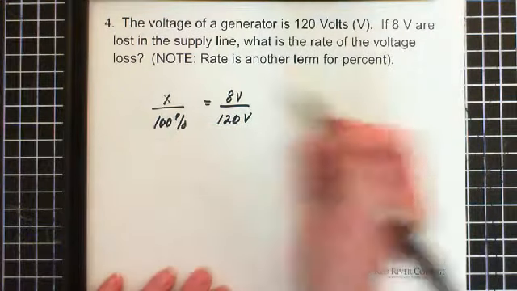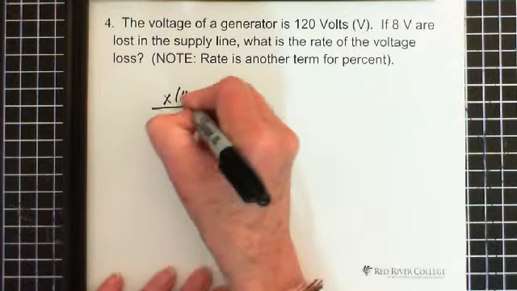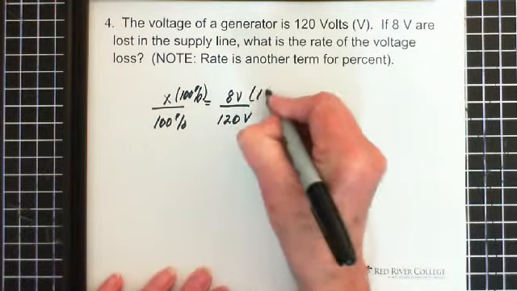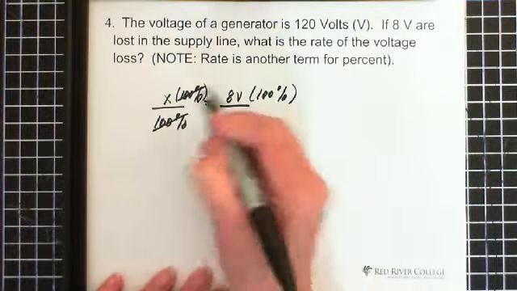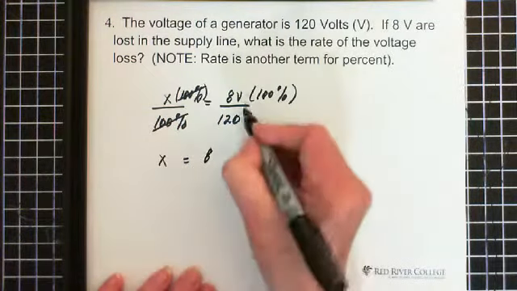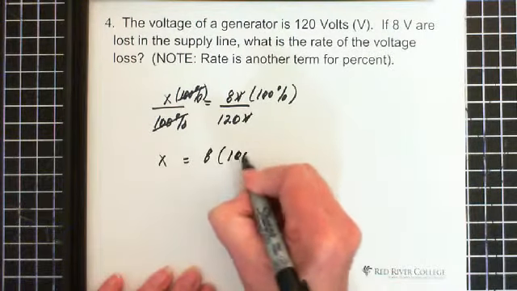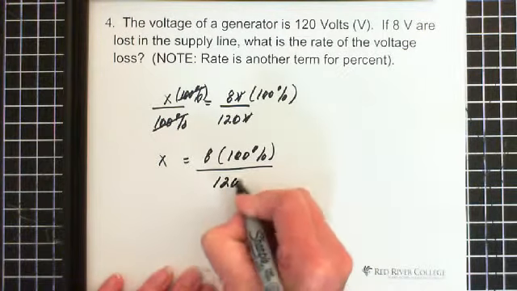Now we're looking for x. What we're going to do is multiply this side by 100%. I'm going to multiply this side by 100%. These two cancel. We have x equals 8, and volts cancels too, so let's get rid of those. 8 times 100% over 120.